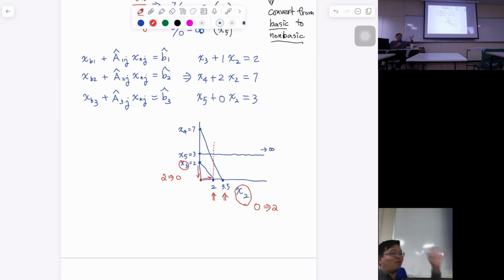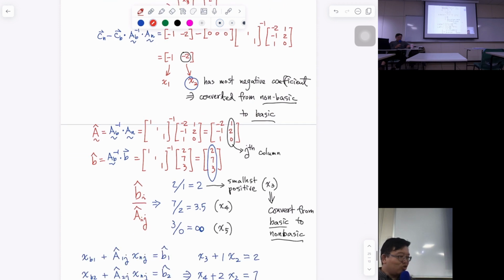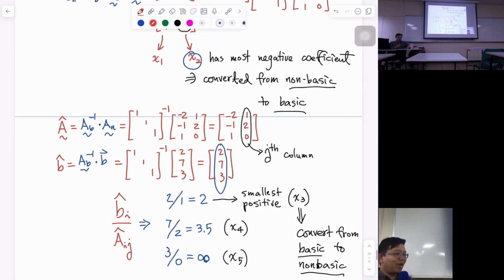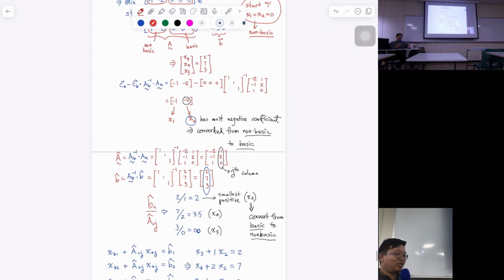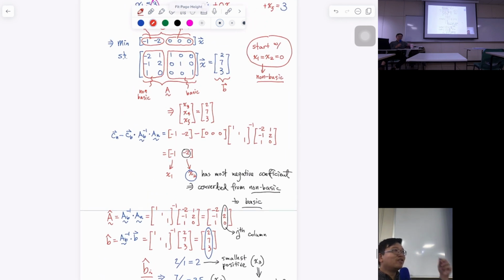But all I care about right now is X2, you have to become basic, and X3, you have to become non-basic. That's what I need to know for this particular iteration. I don't even need to compute every X. And I'm moving on to the next iteration.